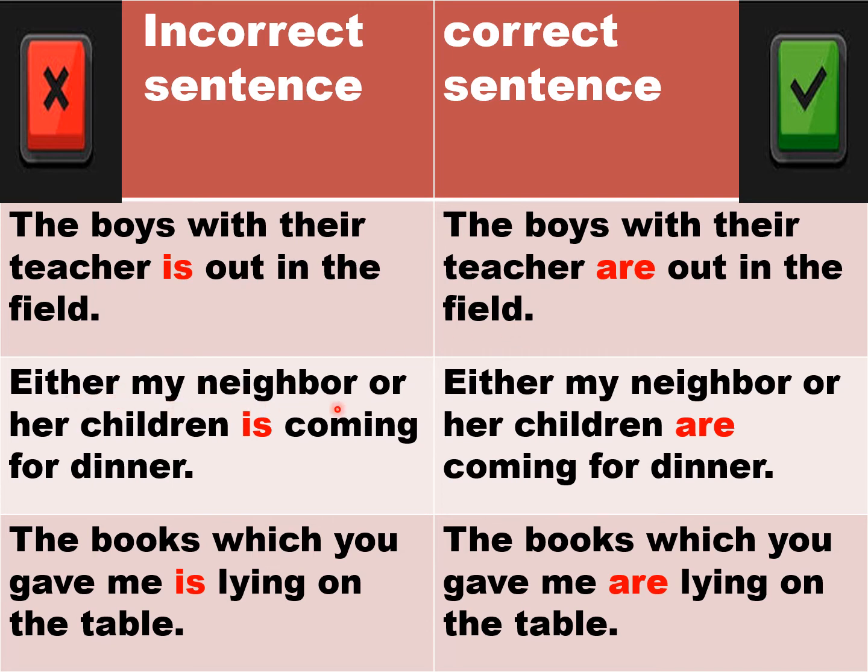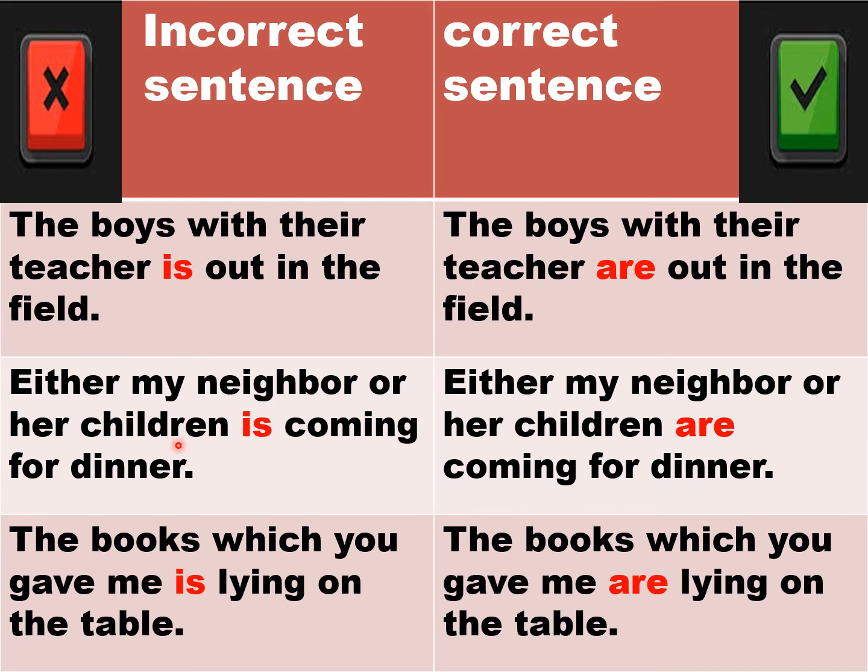Either my neighbor or her children is coming for dinner. See, we have either or. Then we have two subjects here, neighbor and children. One subject is singular, neighbor, and children is plural.